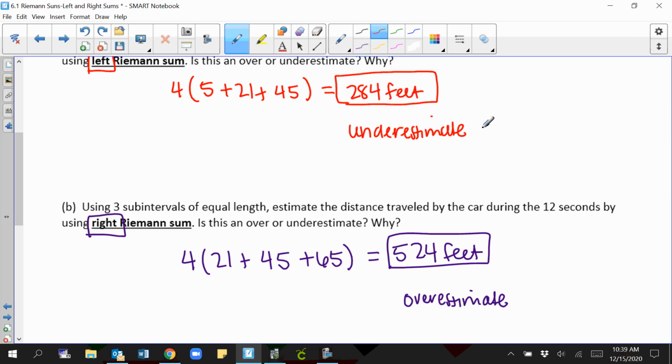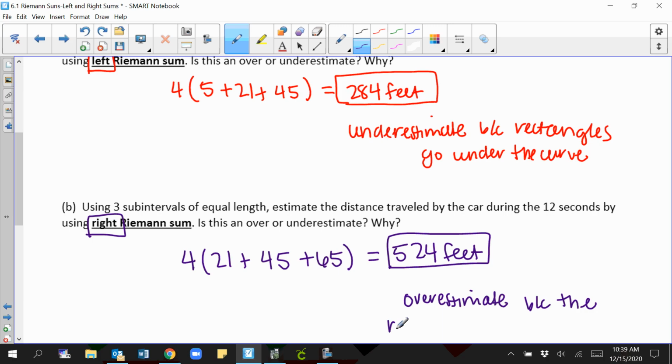So this one would be an underestimate because the rectangles go under the curve, and this one would be an overestimate because the rectangles go over the curve. So you can figure out which one's an overestimate and an underestimate without actually having a graph. If you're doing both of them, the smaller number is going to be the underestimate, the bigger number is going to be the overestimate.